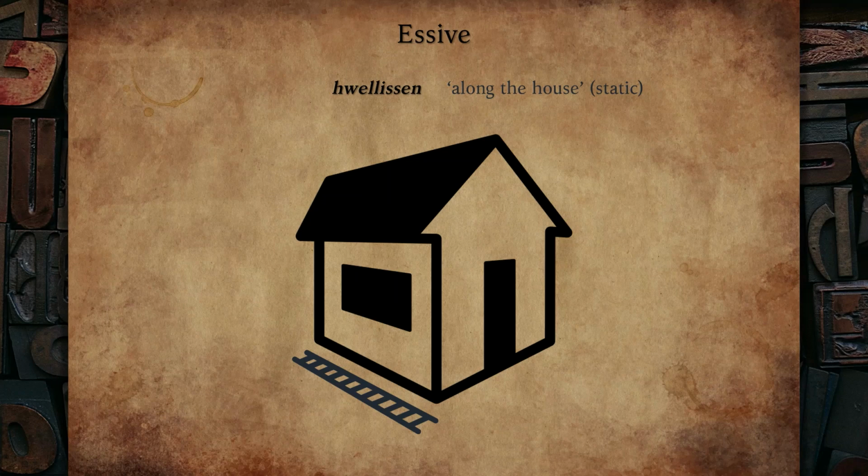Or people are standing along the road, cheering, or something like that. And this would be expressed with the essive.